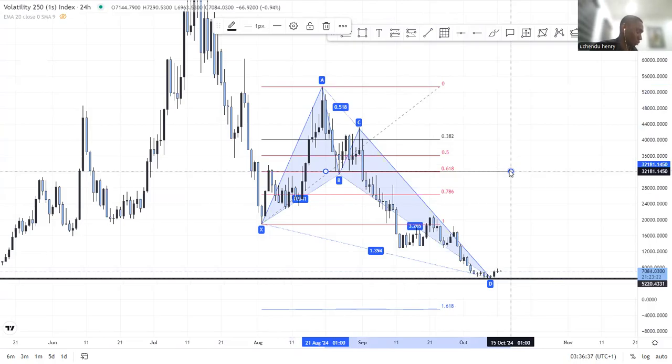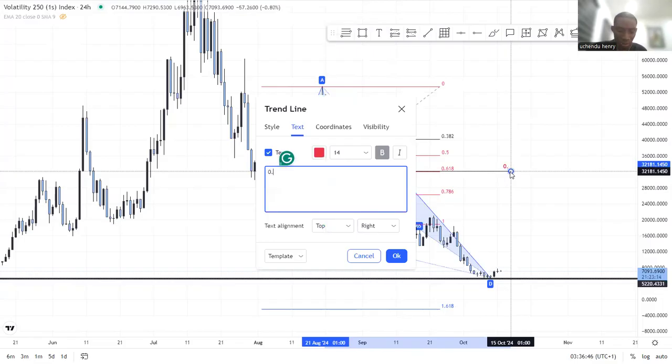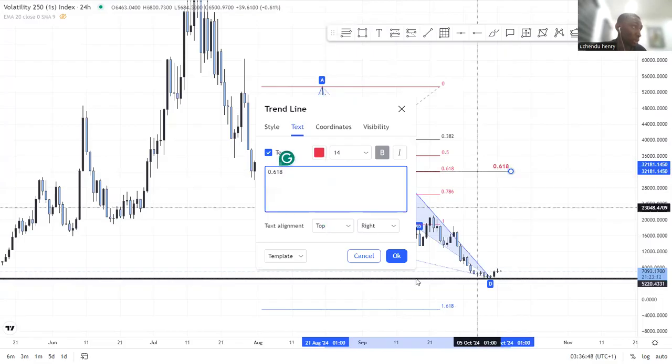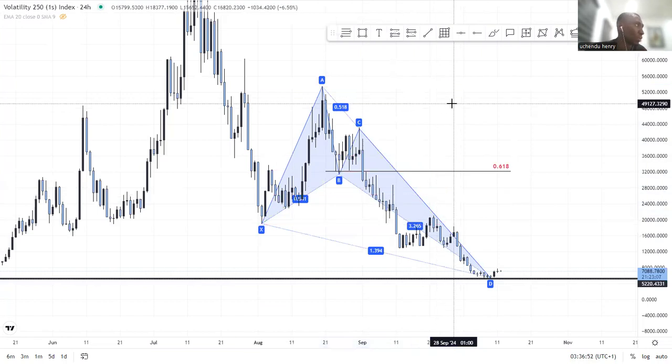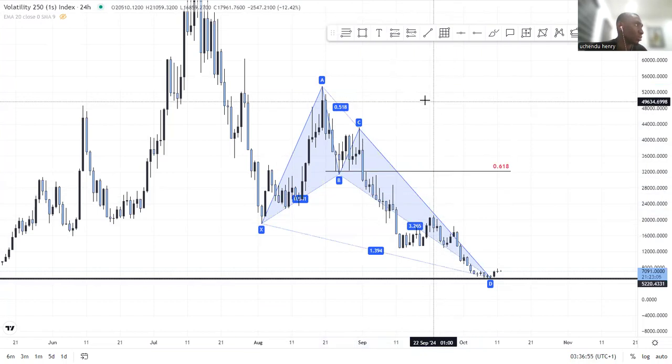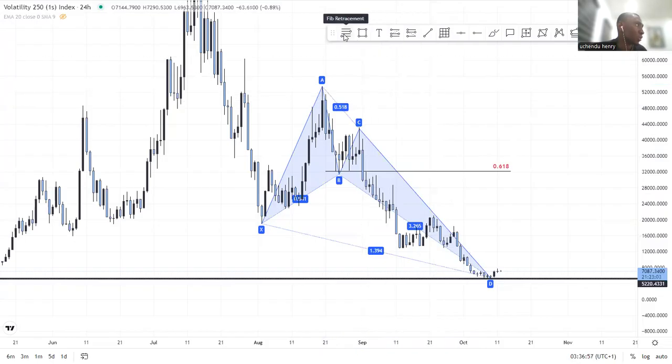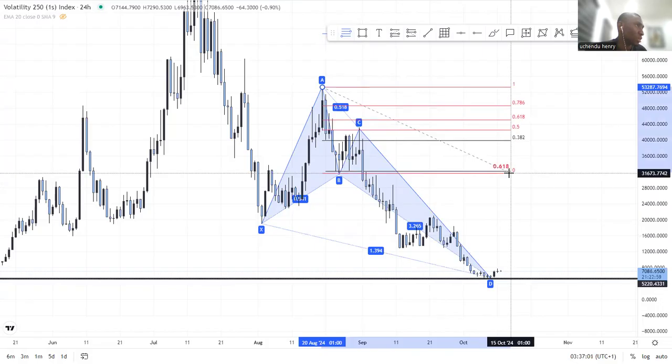Yes, it's a valid B point for a crab pattern because I have the pattern here with me. So 0.618 is checked. Now, what about the A to B of the C retracements? You can see that we got 0.5.